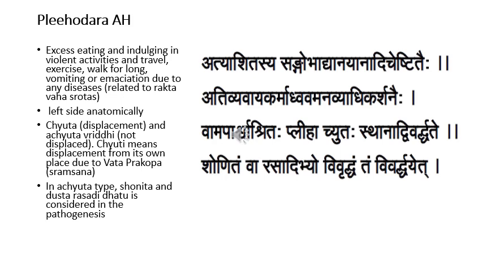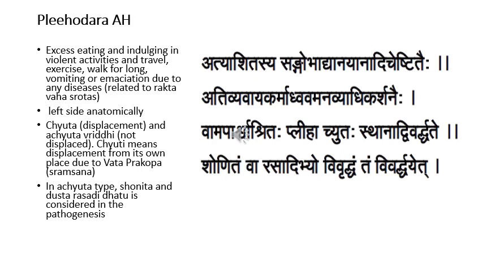That is, excess eating, followed by indulging in violent activities and traveling in vehicles, etc. Doing severe exercise and walking for long, then severe, forceful vomiting, then emaciation due to any other diseases, especially related to Raktavaha Shrotas here, because the spleen, or pleha, is the Raktavaha Shrota Mula. This is due to Raktavaha Shrota Dushti.